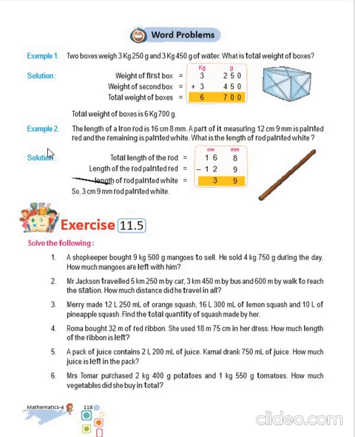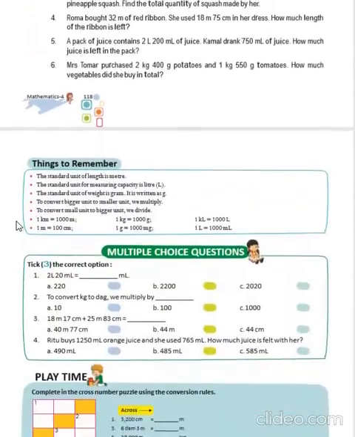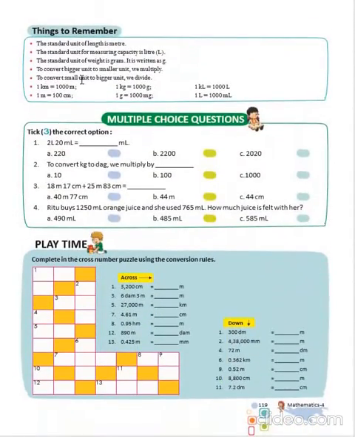Similarly, you have to do this example. Now come to exercise 11.5. This one you have to do as explained in the above example. So these are the things you have to remember. And these you have to do yourself.